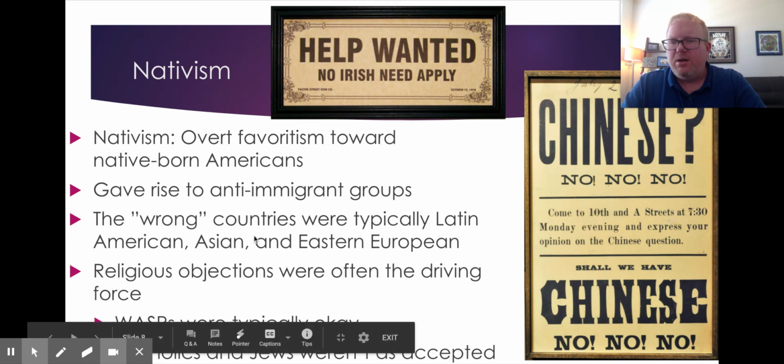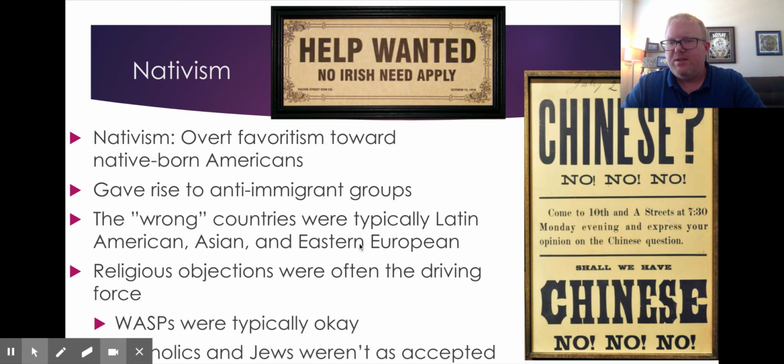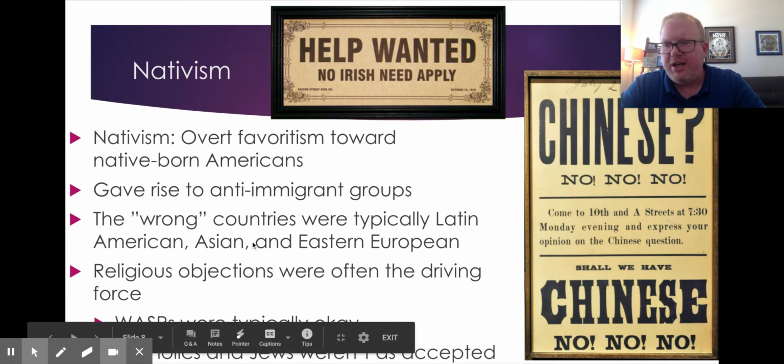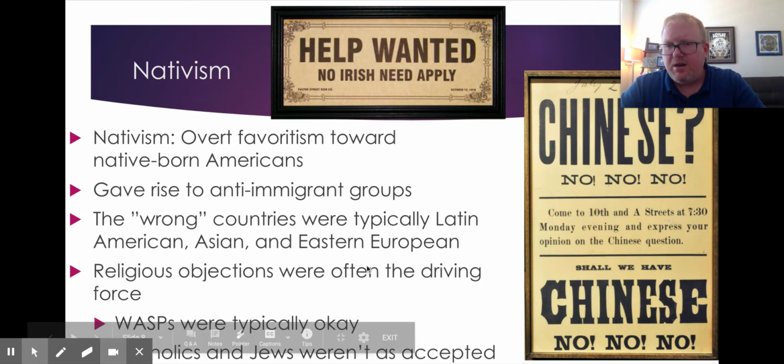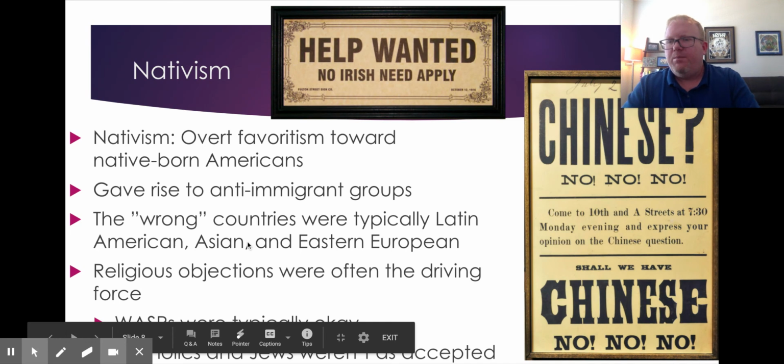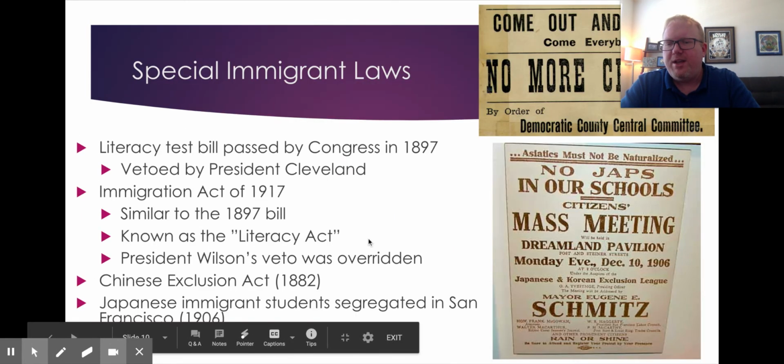We're talking about the ones that they considered wrong countries a lot during this Gilded Age would have been Italians, Russians, Polish, Chinese, Japanese, Mexican, Nicaraguan, things like that. Places from Latin America, Asia, and Eastern Europe. And also non-Protestant. Exactly. And so those groups are often, they were more Catholic-based countries versus Protestant-based countries.